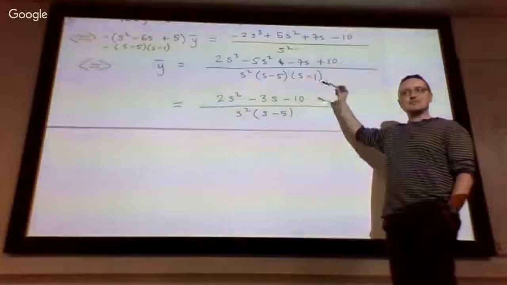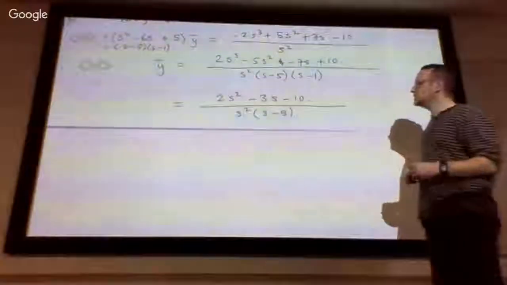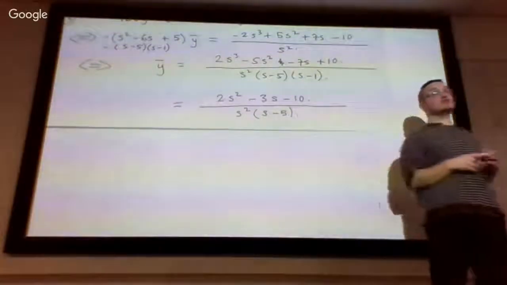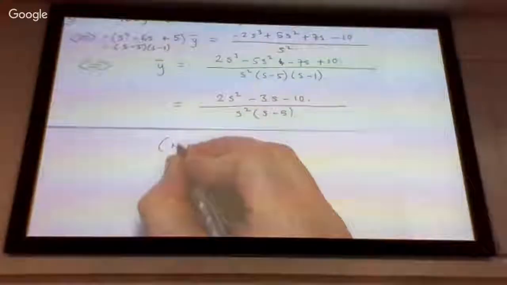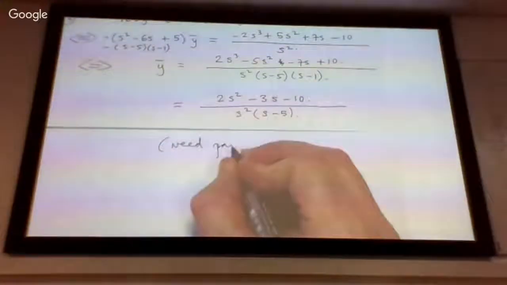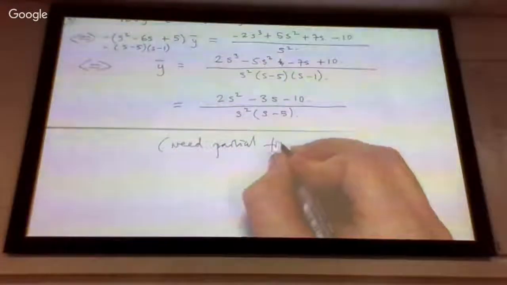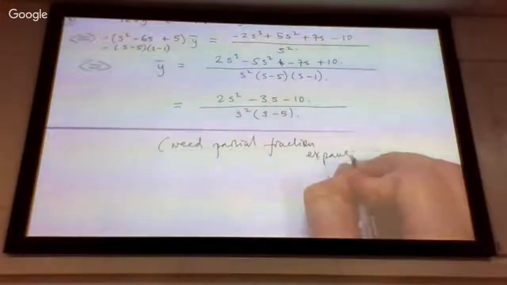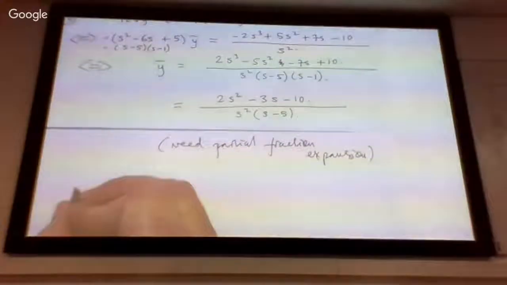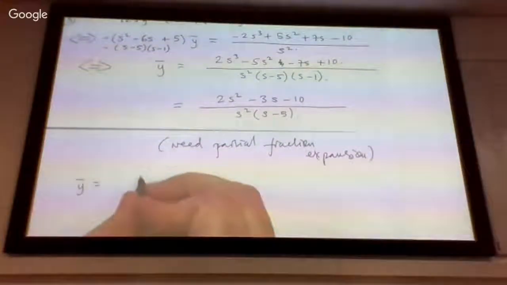Something of this type exactly doesn't feature on the table. We've got to find its partial fraction expansion, so that we see it as a combination of simpler rational functions which are on the table. So we need the partial fraction expansion. Thankfully, the denominator is already simplified.